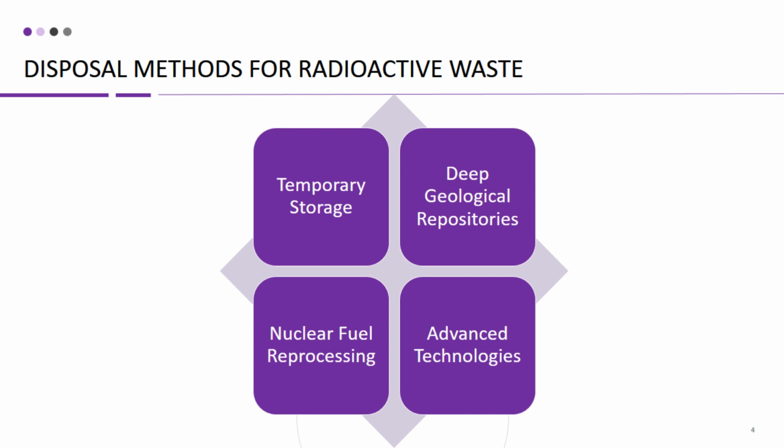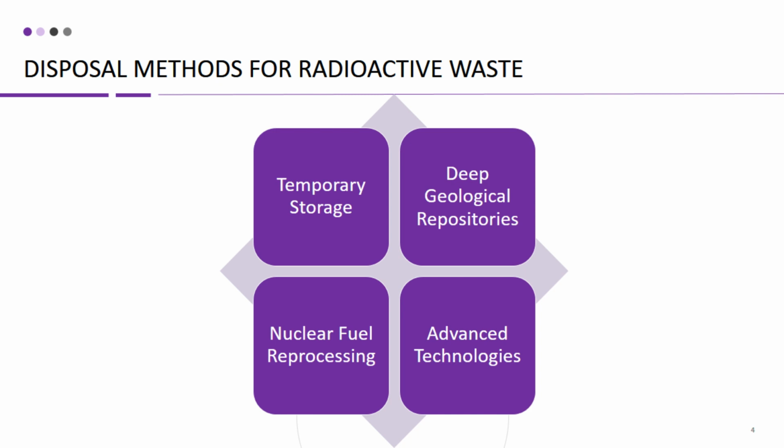Now, let's take a closer look at the different methods for radioactive waste disposal. The first is temporary storage. Temporary storage involves storing radioactive waste in facilities designed to contain the waste safely until it decays to a lower level of radioactivity. This method is often used for low-level radioactive waste, which includes items such as protective clothing, tools, and contaminated materials.